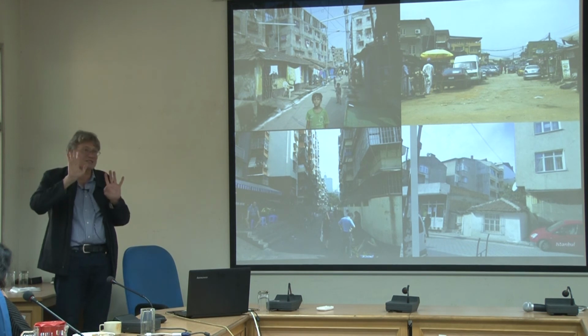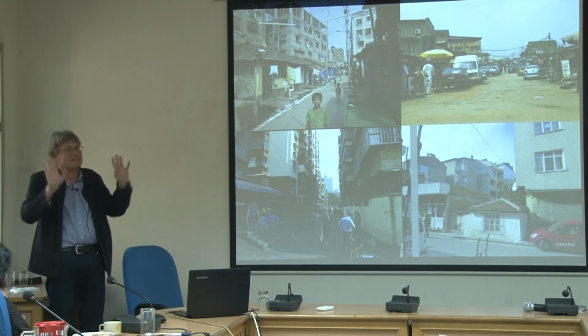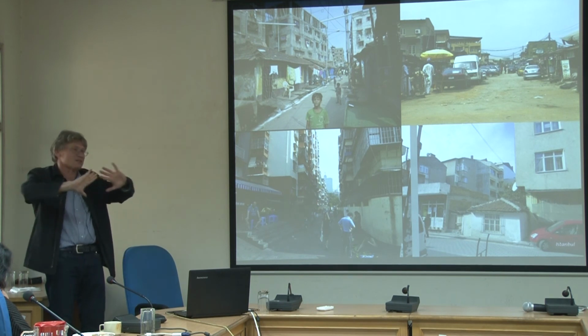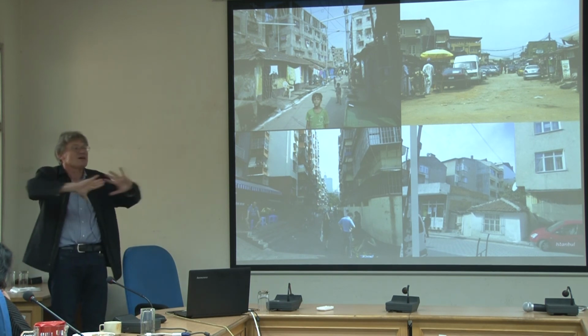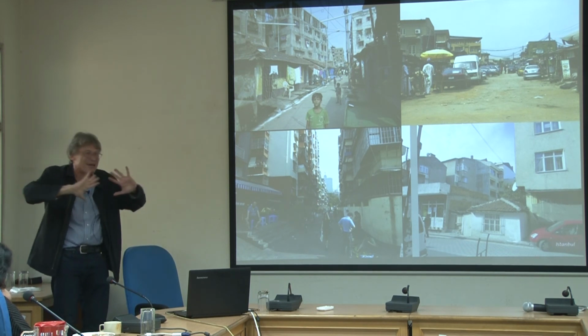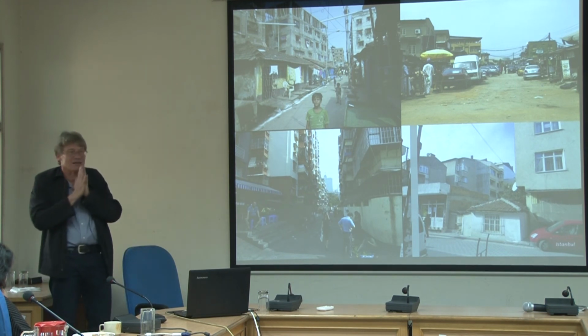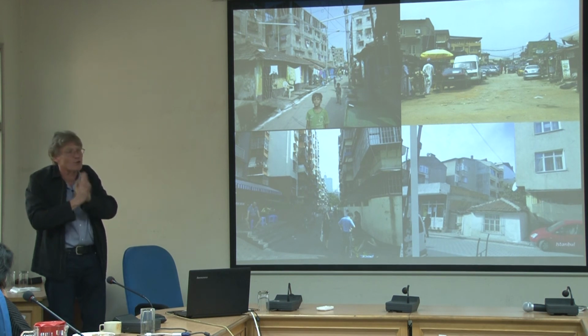So in that case, the city-state, the city of Shenzhen, was in a very complex process with the villages, somehow negotiated, and somehow just through, let's say, violating the laws.